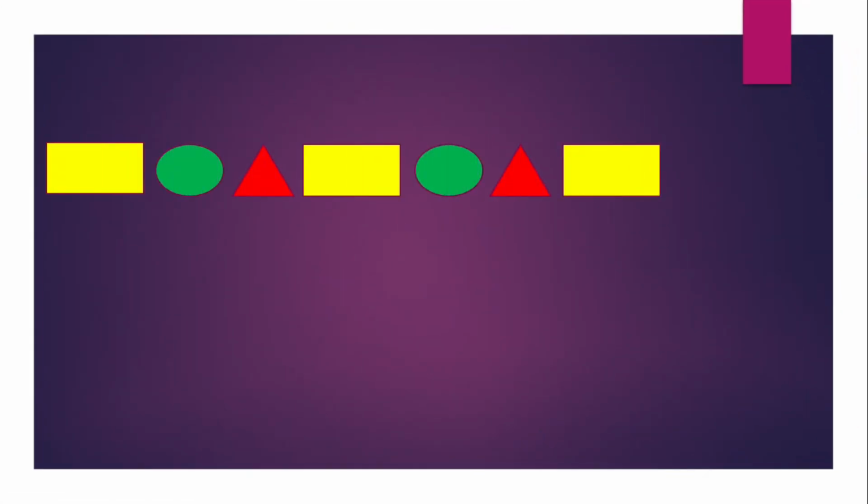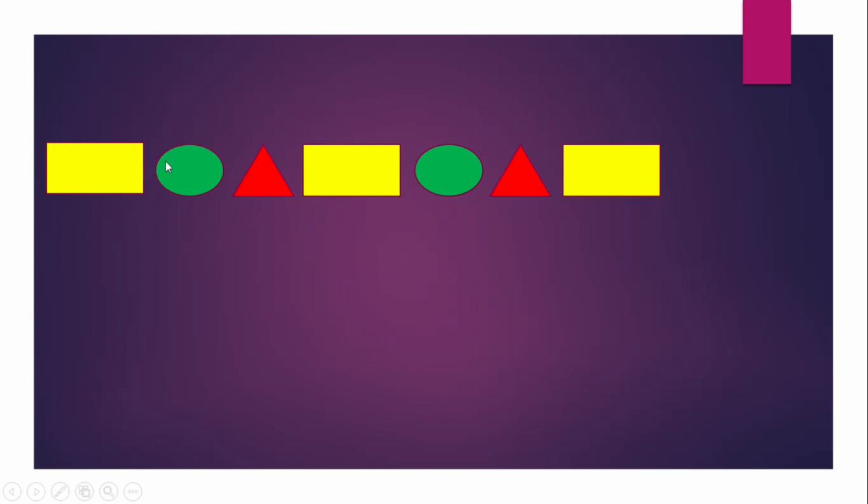Moving on to the next slide. Here, children, you can see again I have made a pattern based on the geometrical shapes. So you can see here a rectangle, a circle, a triangle. Again a rectangle, a circle and a triangle. But children, one thing more you have to observe here: the color combination is also to be repeated.